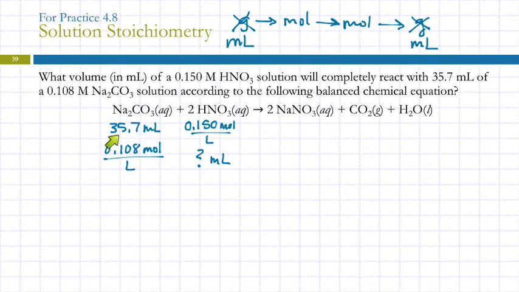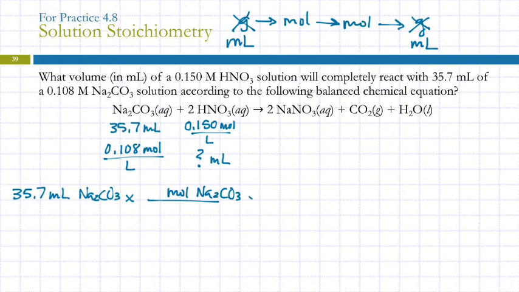So I'm going to start with this single unit, the 35.7 milliliters of the sodium carbonate. And then I'm going to go to moles of sodium carbonate. And then I'm going to go to moles of the other thing, the nitric acid.